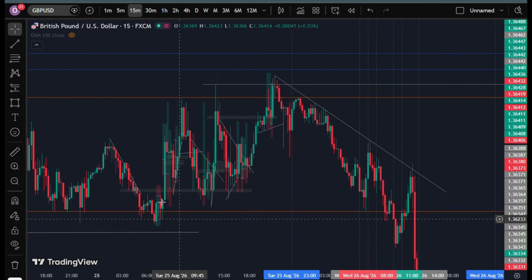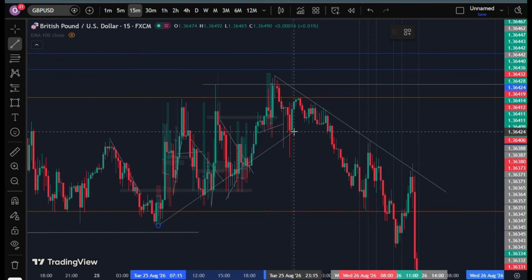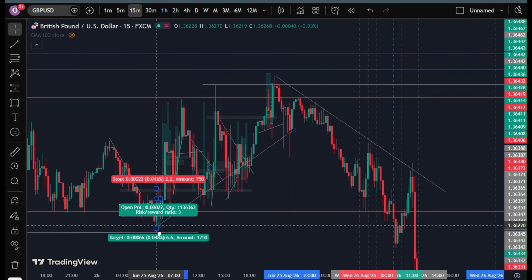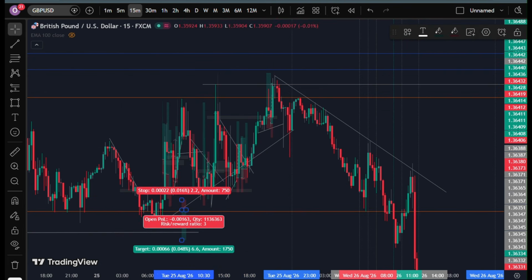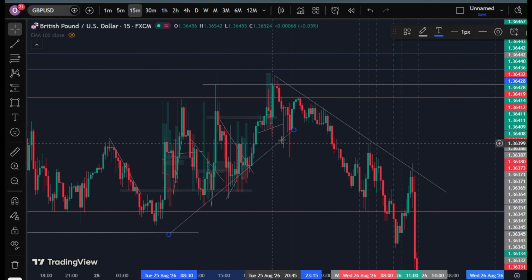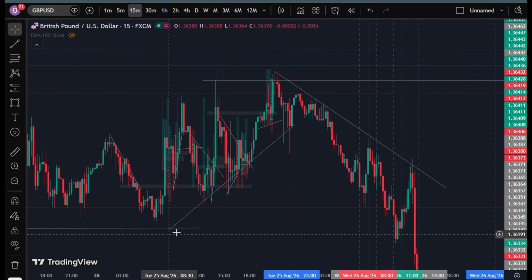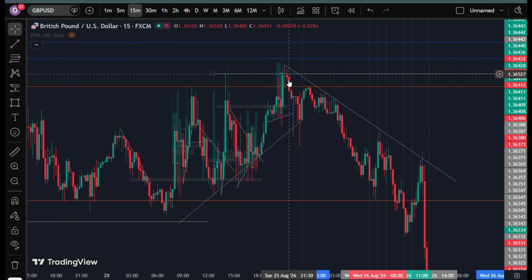You see, this is a liquidity zone. So you can see the liquidity zone over here. The market tries to buy here, broke structure here.